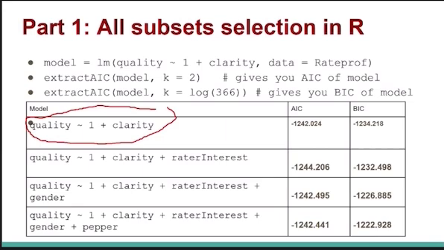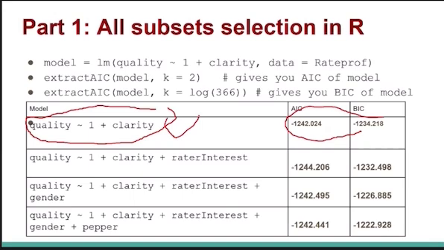I'm going to say that again. I have 4 predictors, so how many models am I going to have for one predictor? It's going to be 4. I'll have the model with clarity, the model with the other predictors, making 4. I will choose the best of the 4 models. Now, based on the AIC and the BIC, this model is the best among models with one predictor.